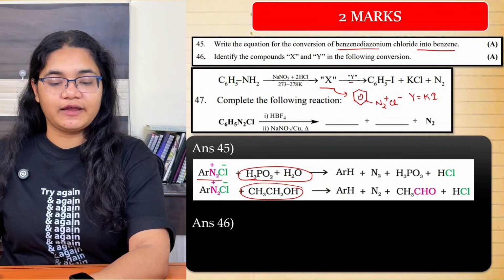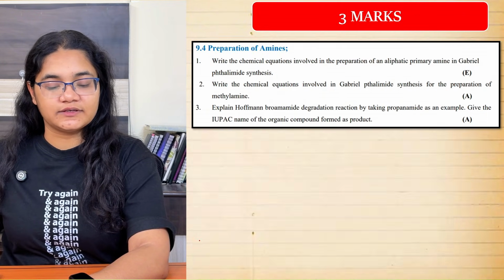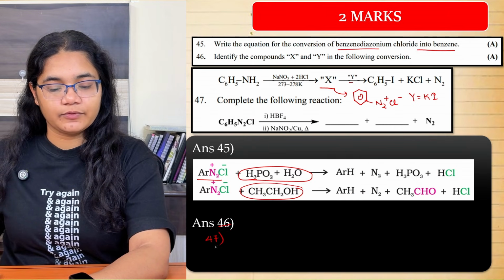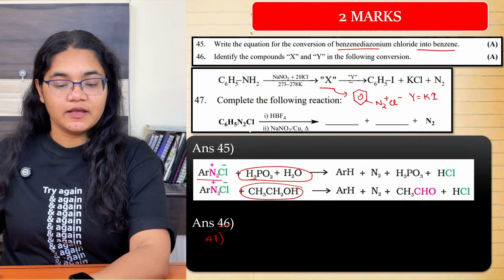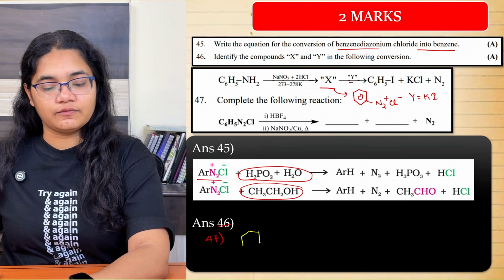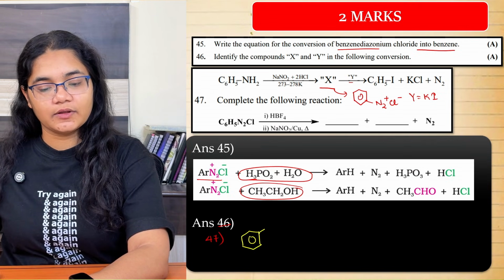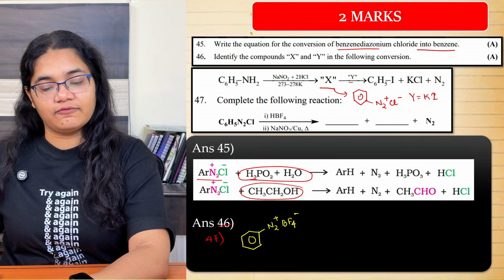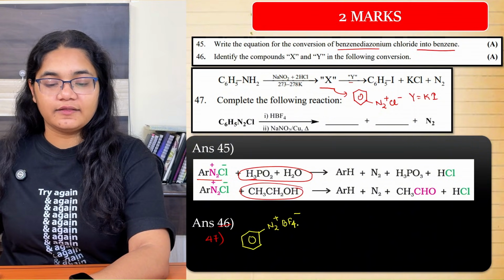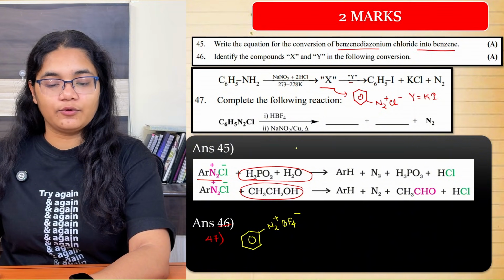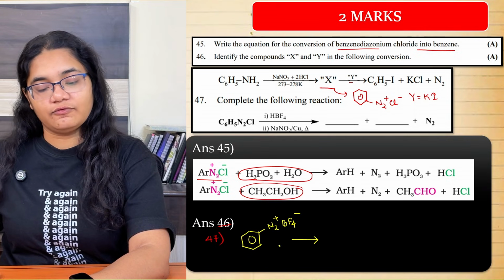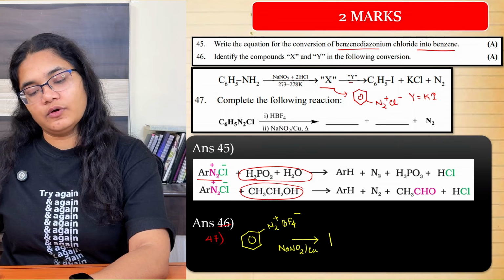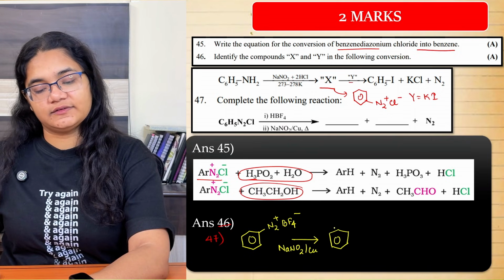Next, C6H5N2 with HBF4. So I'm writing the answer for 47 here, so that I have some space. See here, first of all, when you treat it with this one, what you will get? You will get a compound like this, N2 plus and BF4 minus. And then once you treat it with NaNO2 and Cu, you will get something like this.